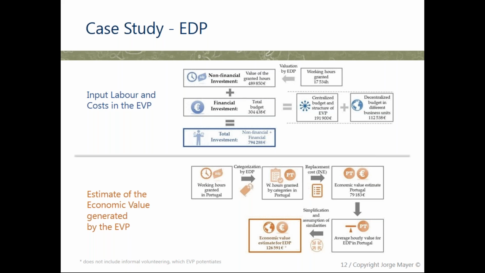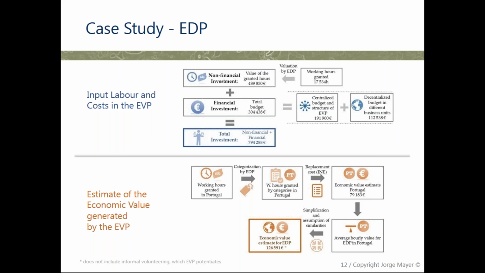Because this is a methodology made by the International Labour Organization, I'm pretty sure you will find a table for your own country or the countries where you work. So with these hours in categories, we multiplied each category by the average replacement cost, and then we found the economic value estimate for Portugal, which was almost 80,000 euros.